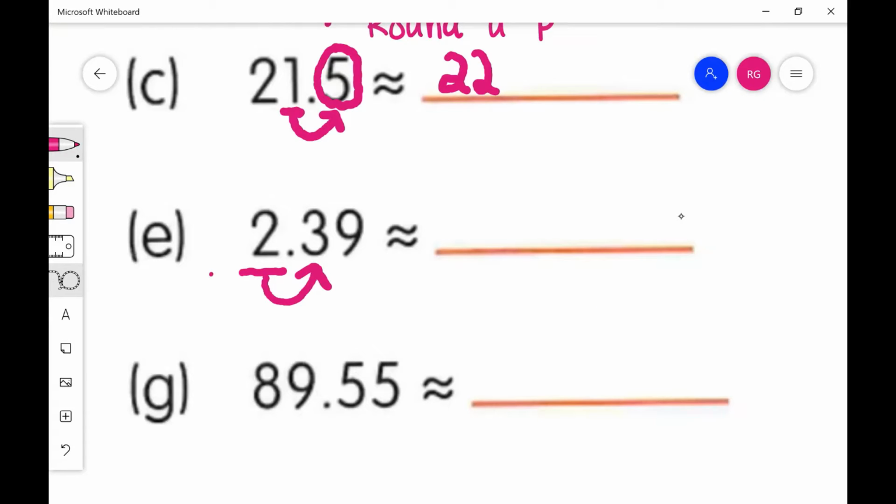When I'm saying small, I mean 0, 1, 2, or 3. So do I round up or round down? Round down. And when I say round down, what happens to this? It stays the same. You guys are on it. Okay, so this becomes 2. So make sure you have 2 there.